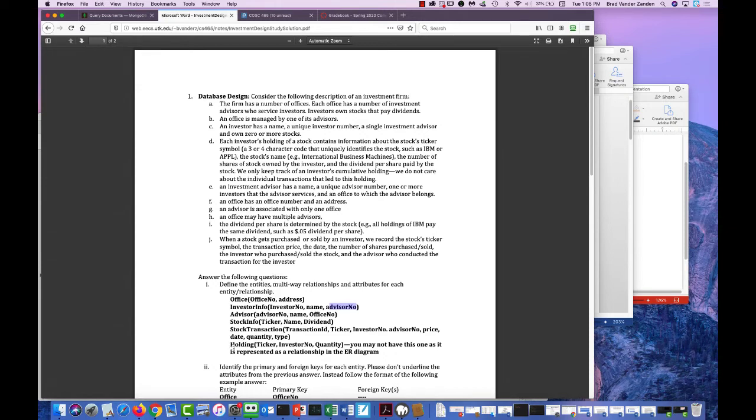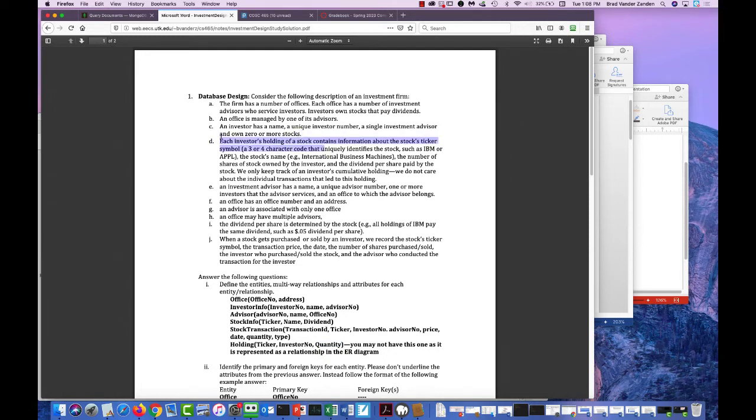And down here with holding is where we have the relationship expressed between an investor and a stock. We have the ticker, which is the stock, we have the investor number, and then the quantity that they hold. So that's back to D, an investor's holding of a stock.